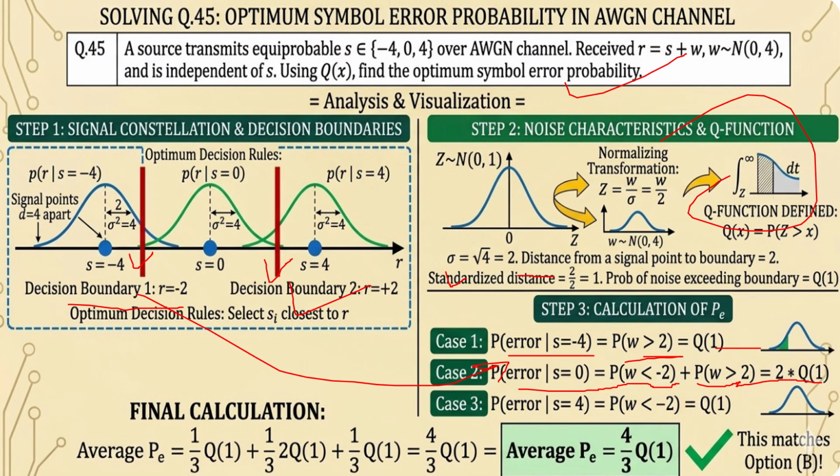So in that case 2 into Q1, and both will be equal, that is why we are getting that. And then S equal to 4, and then it will be P of W less than -2, that will be equal to Q1, right? So we'll add all those four. So 1, 2, 3, 4, right? So 2 here, 2 here will add, then we'll get the total.